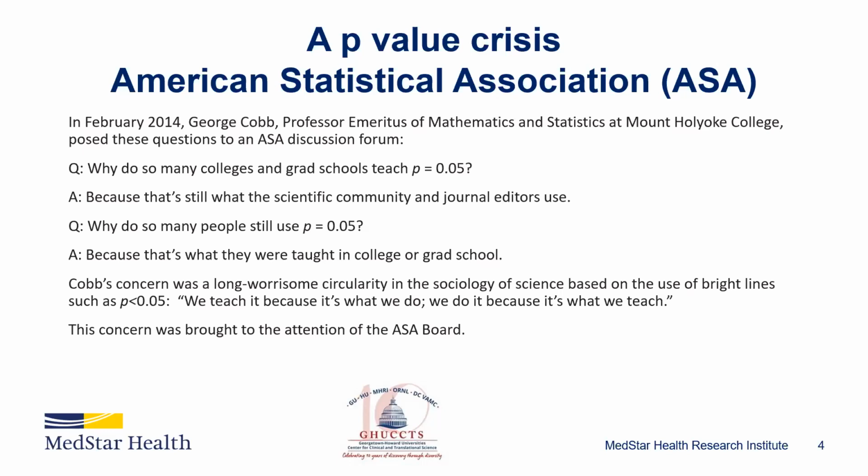Then we're sort of going in a circle here. Why do so many people still use p equals 0.05? Because that's what they were taught in college. But anyway, this concern about p-values, and particularly the use of p being less than or equal to 0.05 as indicating statistical significance, was dealt with by the ASA board, and they came up with some recommendations, and I want to talk about those for a little bit.